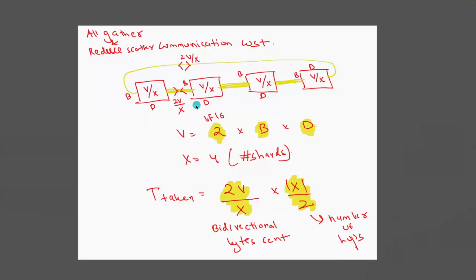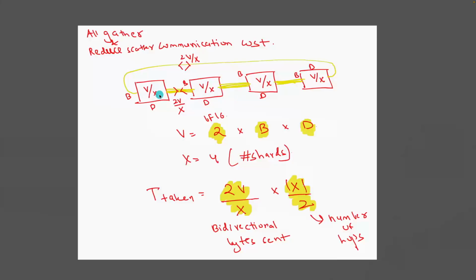So everyone is communicating, sending over data and also receiving data, hence the communication is 2v by x, since it's bidirectional. And the next question is, how many hops do you need so that everyone has synced up their data?